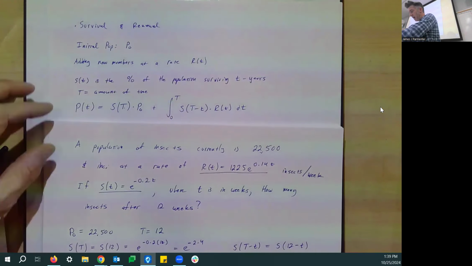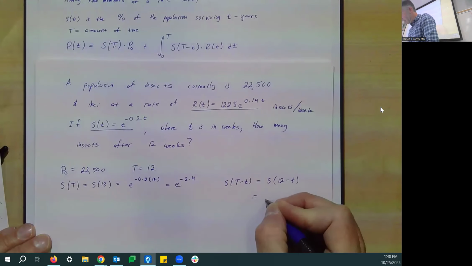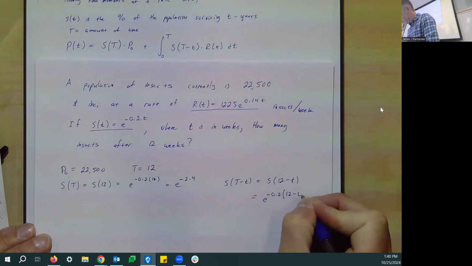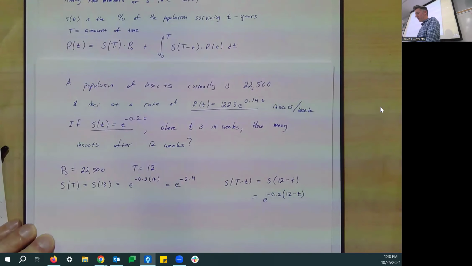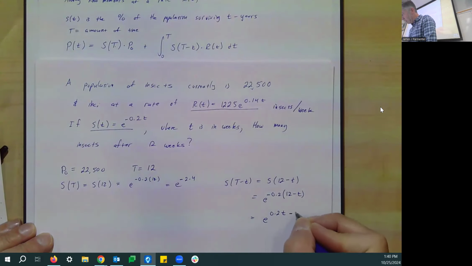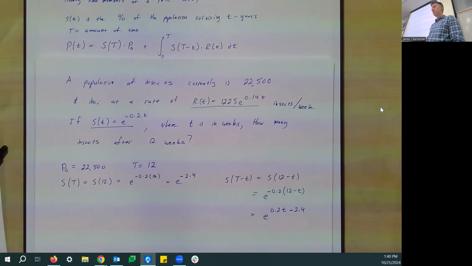So when we plug that into our survival function, we're going to get e to the negative 0.2 times 12 minus t, which I don't really want to write out like that. I want to rewrite it as e to the 0.2 t minus 2.4. Great. I think I have all the pieces.